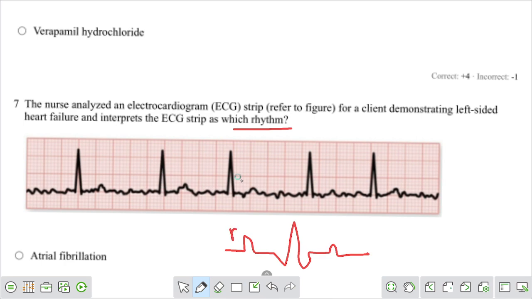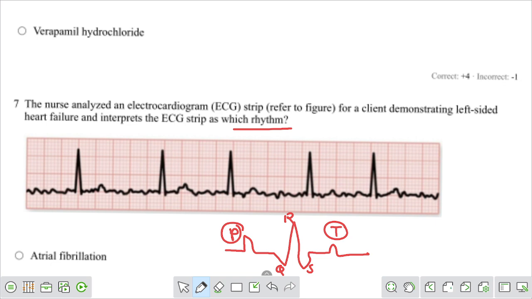What is this? This is a P wave. P wave always denotes atrial depolarization, meaning when your heart atrium contracts, there is formation of the P wave. When your ventricle contracts, there is formation of the QRS wave. And during repolarization of the ventricle, there is a T wave.